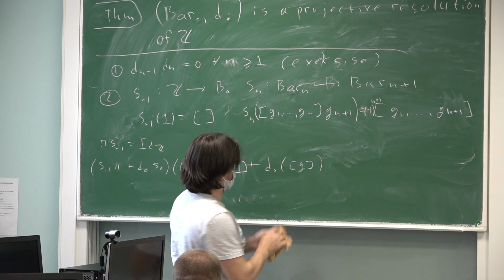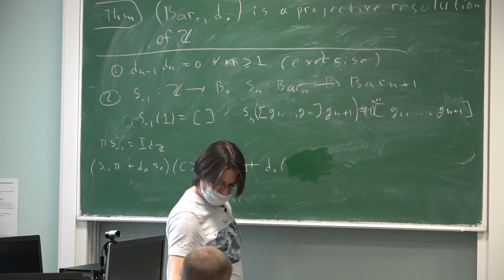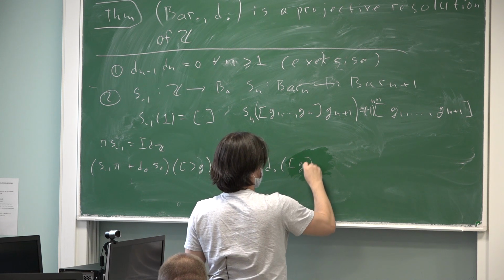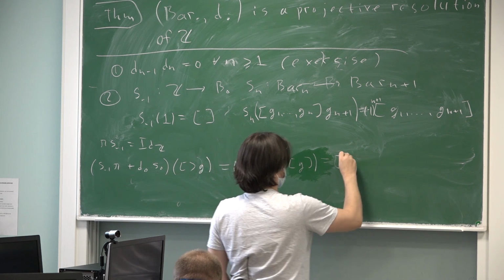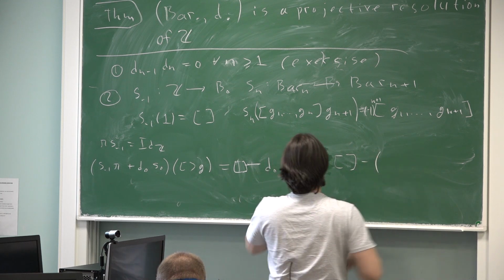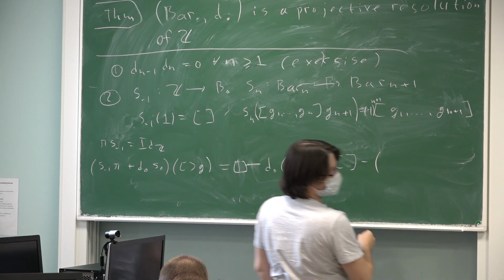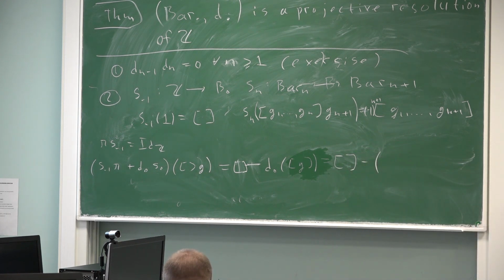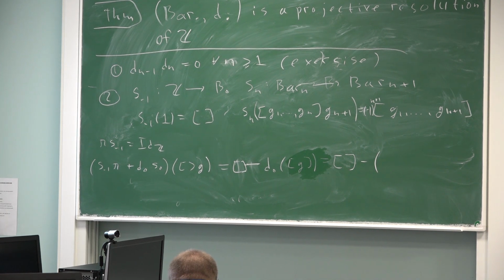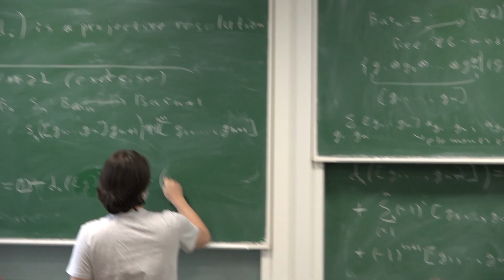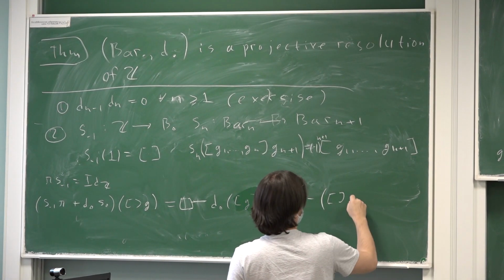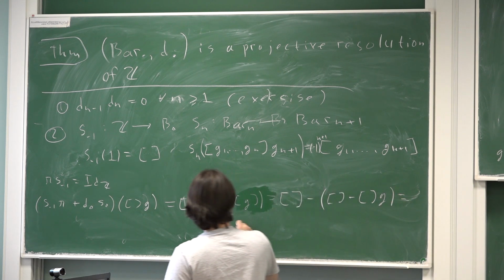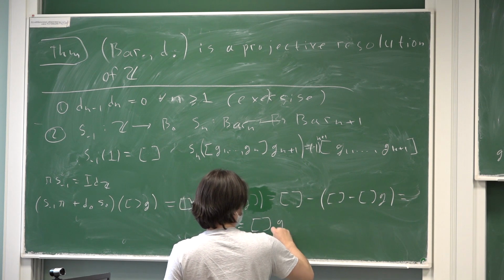Well, in this case, we will get minus here, so here g, and by definition it is this bracket minus this guy times g.